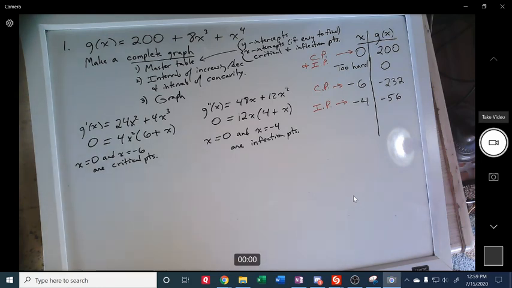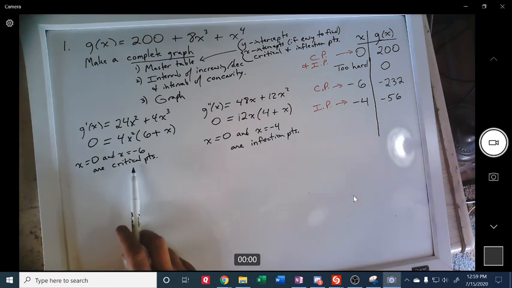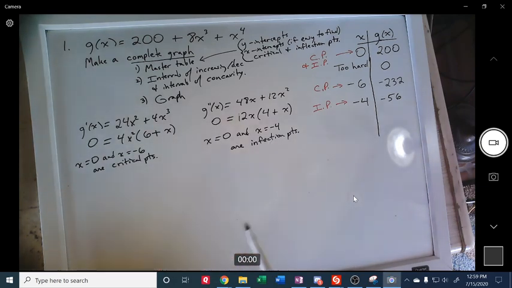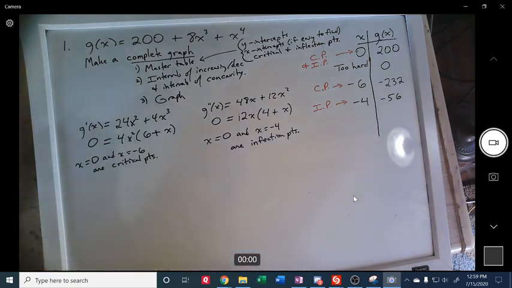Alright, so then we're going to make a chart. And we're going to put in 0 and -6, so the critical points, 0 and -4. Alright, so I'm going to need some extra space here.